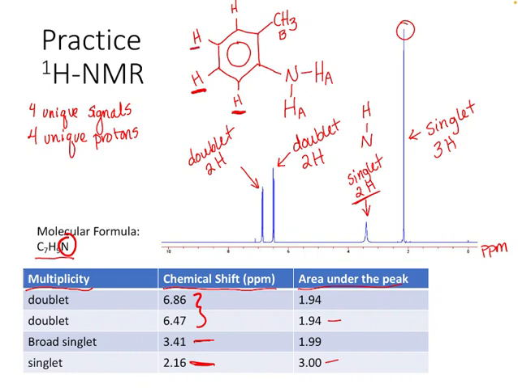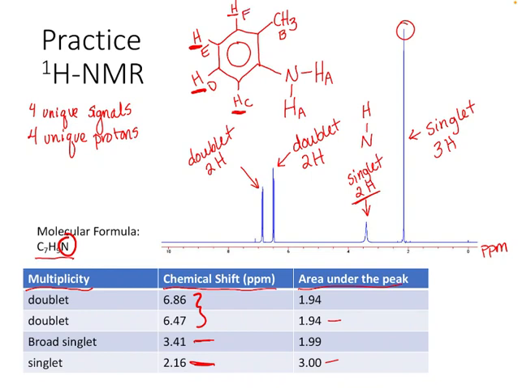The proton above that is 4 bonds away from a nitrogen, and then the proton at the top is 5 bonds away from a nitrogen, or going the other way, it's 1 or 2 bonds away from a methyl group. So all of these different hydrogens are in different chemical environments because they're different distances away from the methyl group and the nitrogen group. So I'm just going to label them C, D, E, and F.